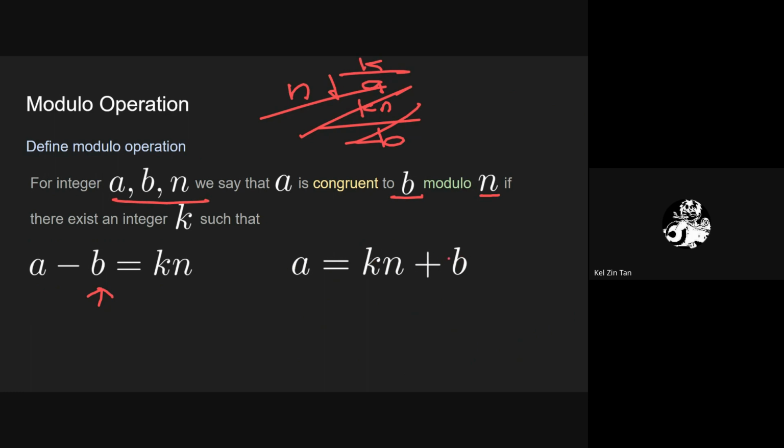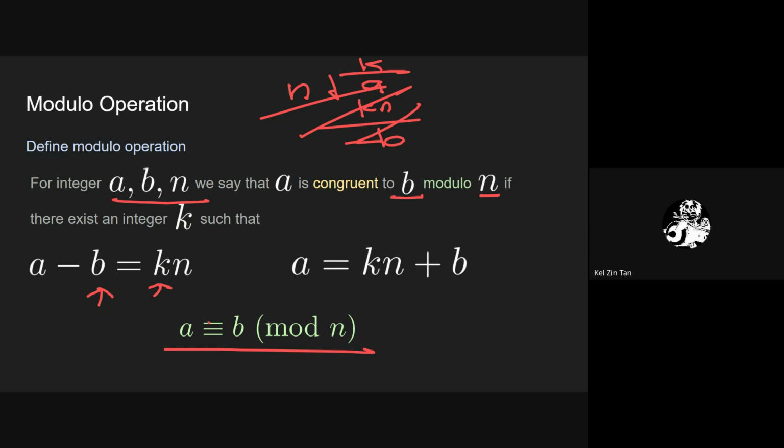But note that k here could be not a positive number. It could be a negative number as well. So we use this notation to say that a is congruent to b modulo n if this is satisfied.